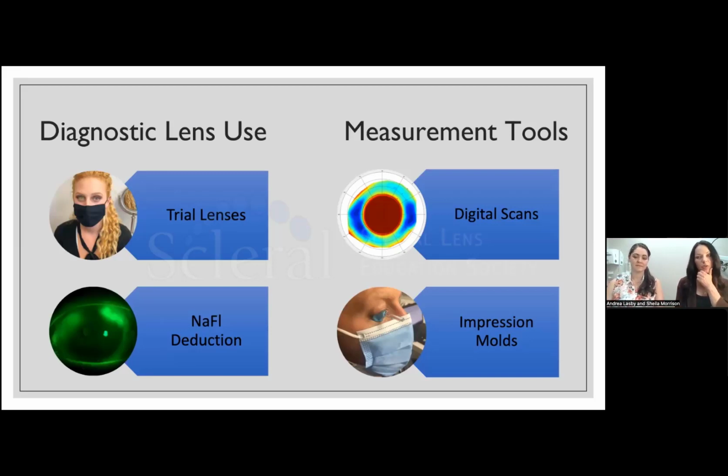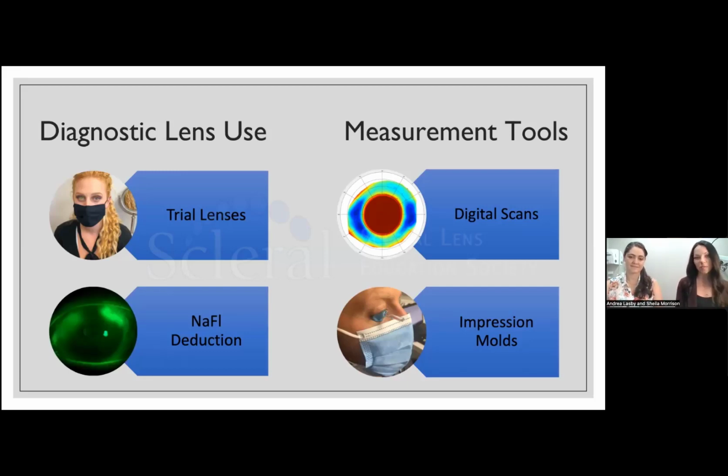Of course, impression molds have actually been around for quite a long time and are very, very accurate when it comes to creating designs that fit perfectly. We don't want anything to be too perfect because it's really plastered on there. But in reality, the most perfectly aligned shape that we can possibly create is from those impression molds.